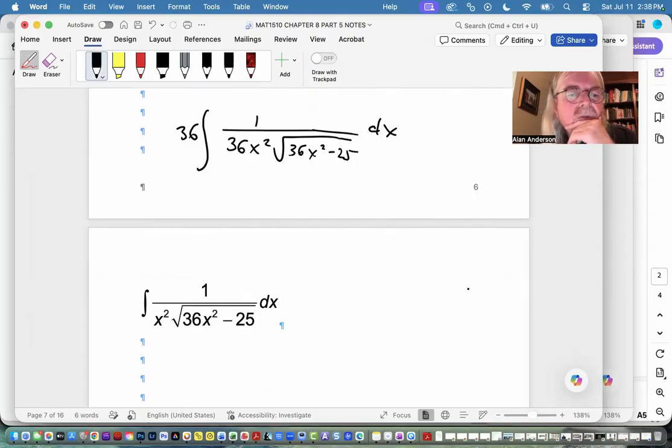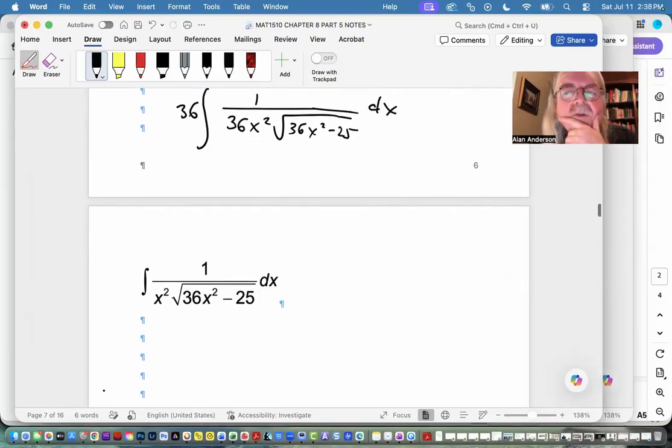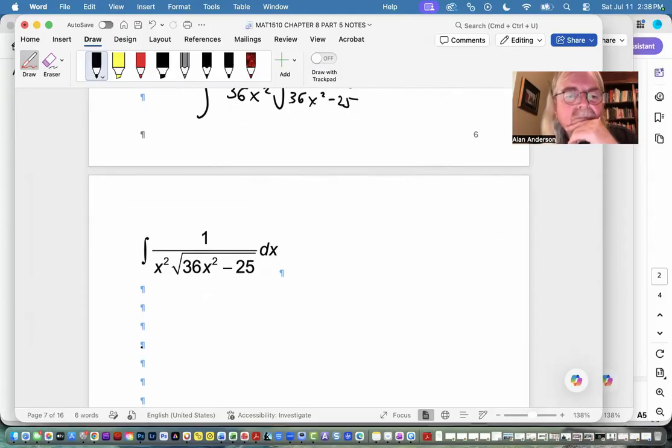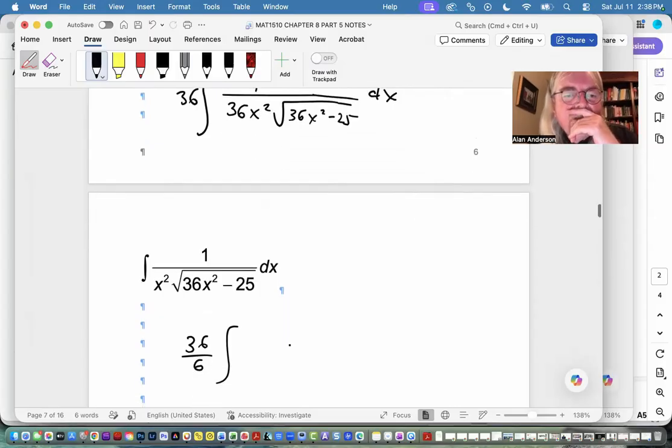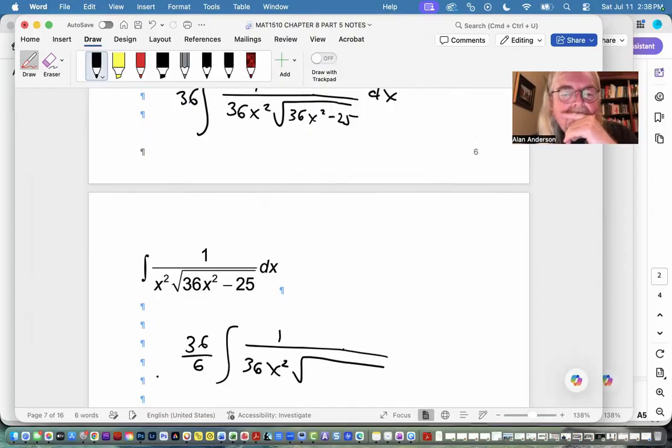So I'm going to fix it one more time. I'm going to multiply and divide by 6. 1 over radical 36x squared minus 25. And then here I'll have 6 dx.